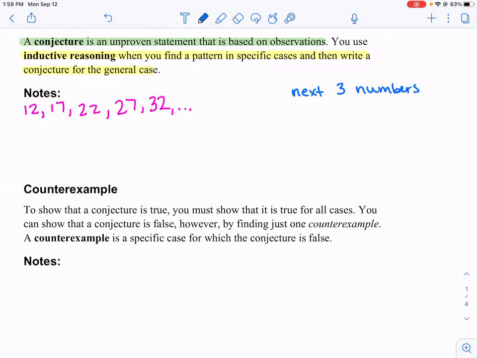Emily. 37. Keegan, how did she come up with those? So Emily and Keegan have noticed a pattern that we started at 12 and every number is just 5 more. Do you agree? Yes. Okay.